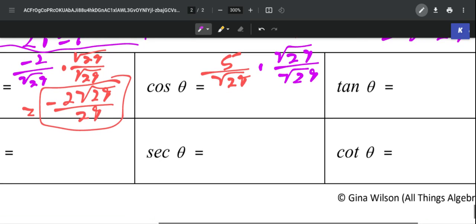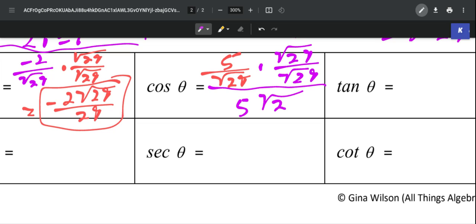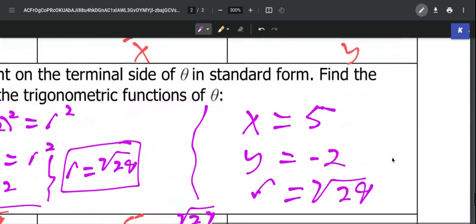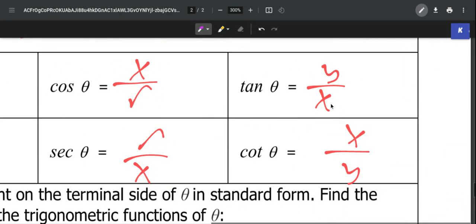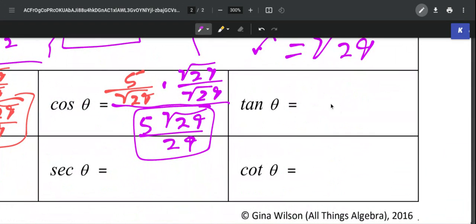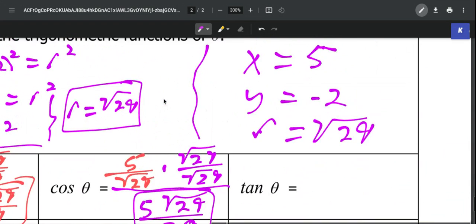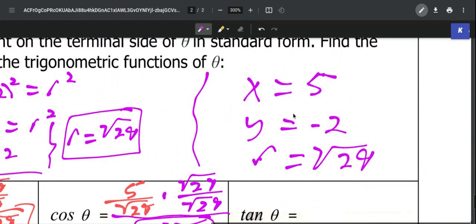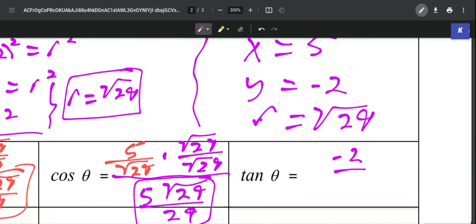So then we'll get 5 square root 29 over 29. All right, then tangent is y over x. y is -2, x is 5. So we'll have -2 over 5.